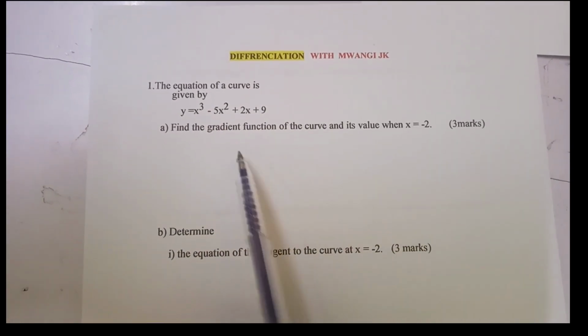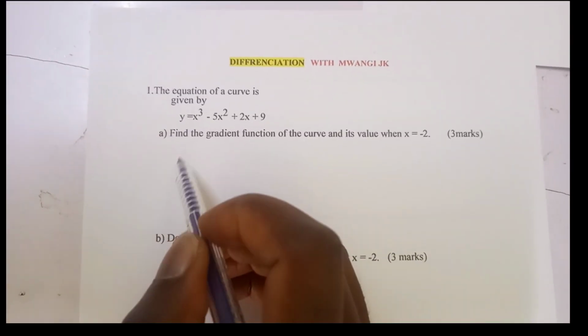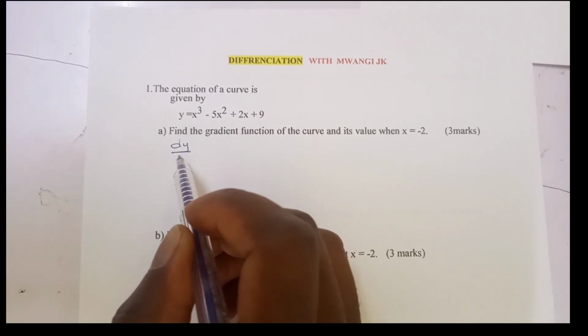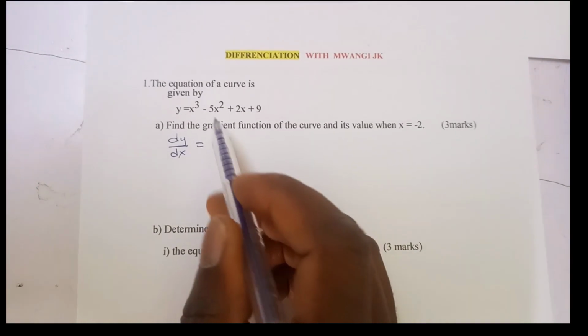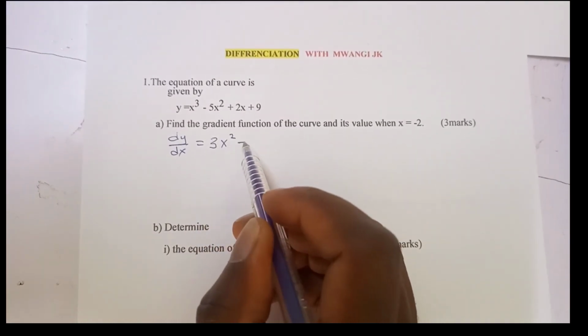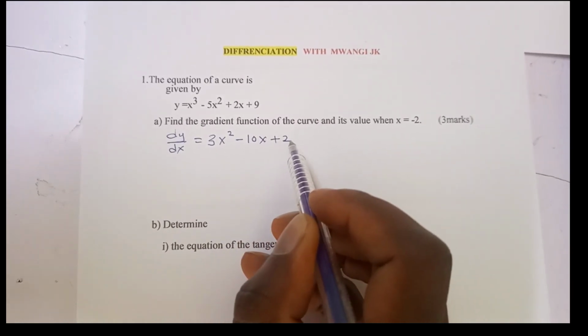Find the gradient function of the curve and its value when x is minus 2. So we are supposed to differentiate this to get the gradient function dy/dx, like we said. So we have 3x squared, so 3 by 1, 3x, 3 minus 1 that's 2, minus 10, 5 by 2, x to power 1, plus 2x.